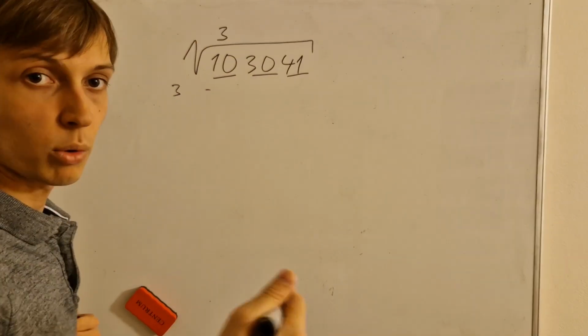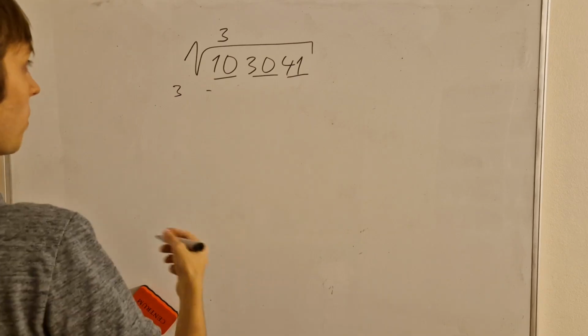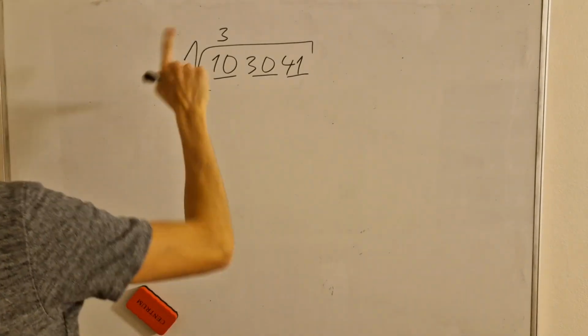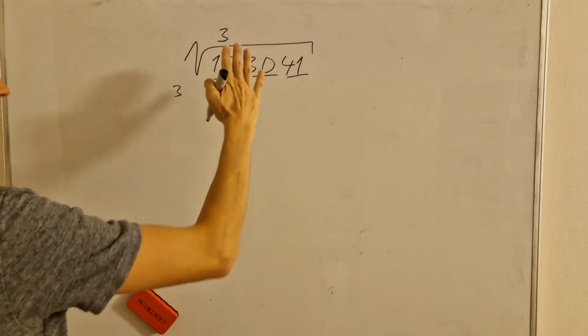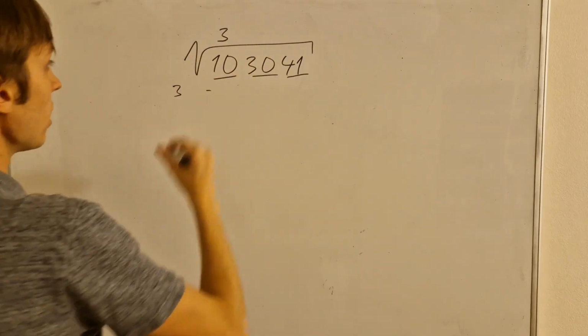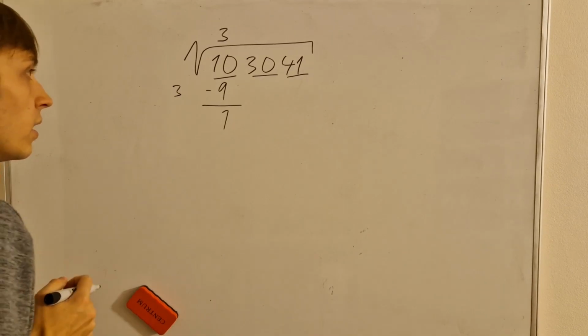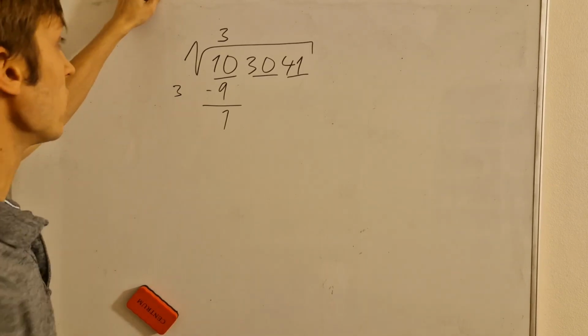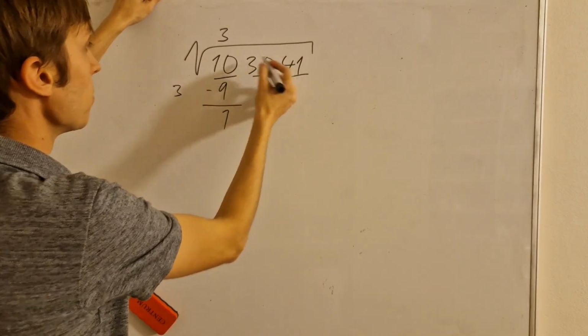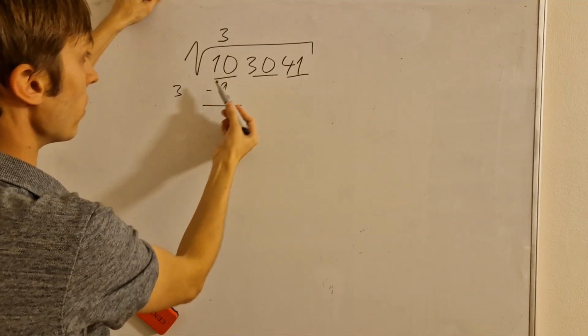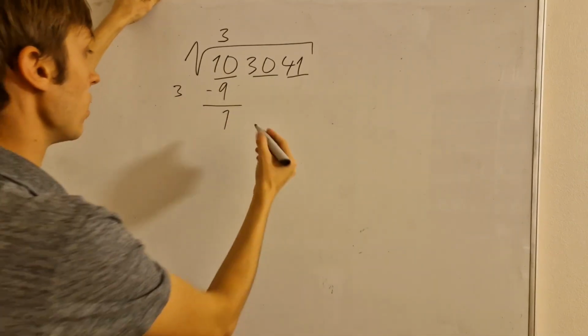And the second power of that 3, the number which we used, is that 3 the first number? Yes, it is, because the second power is still smaller than the 10. We'll subtract it from the 10. So we'll get 1. And to continue the algorithm, we take the second pair going from the left side, the next pair to the right of the first one, and add it there.